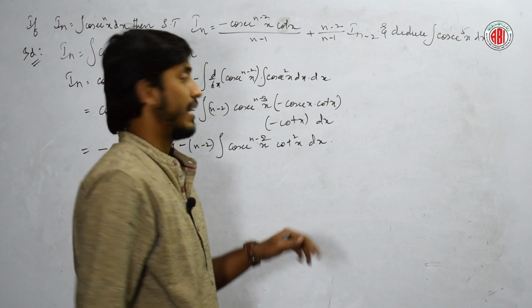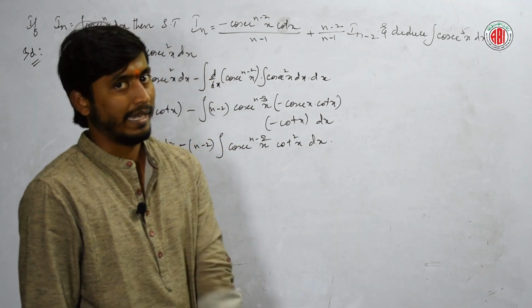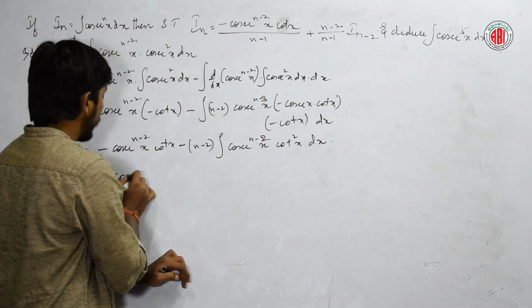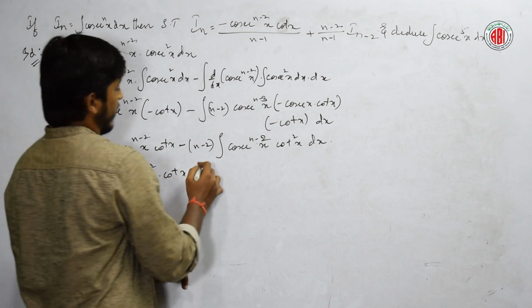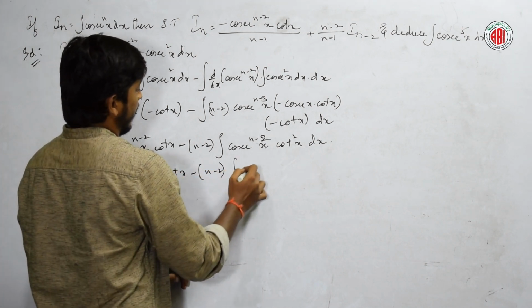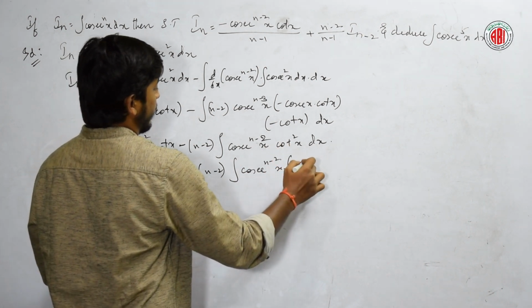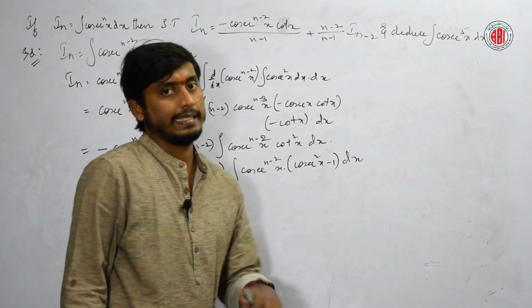Now, what is our next step? We do not know the integration of cot square, so we will write it as cosecant square minus 1. So, this will be minus cosecant power n minus 2 x cot x minus n minus 2 into integral cosecant power n minus 2 x, this can be written as cosecant square x minus 1 dx, right.